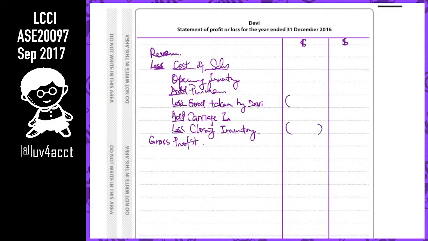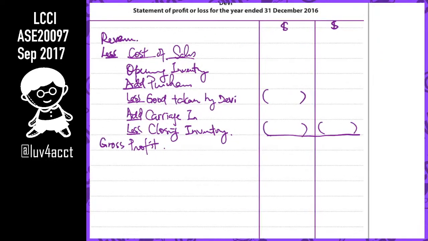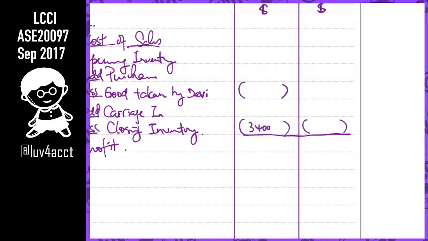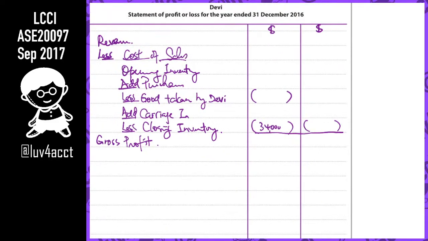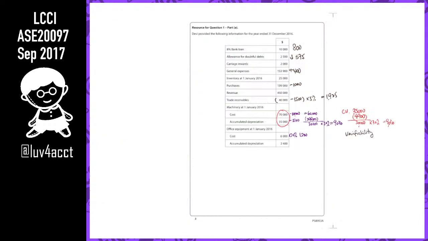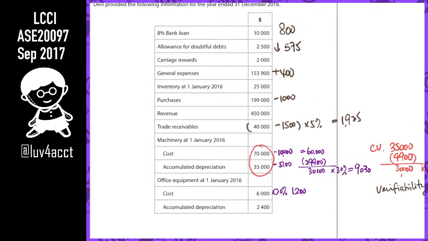So let me put down the items that I remember. Closing inventory 34,000. Other things I don't remember at all. So let us go here and take a look.